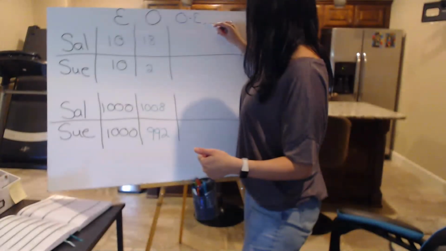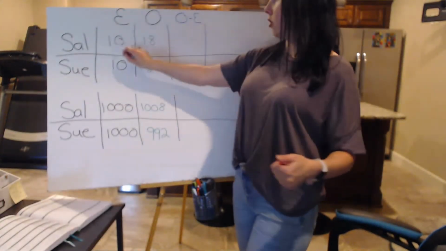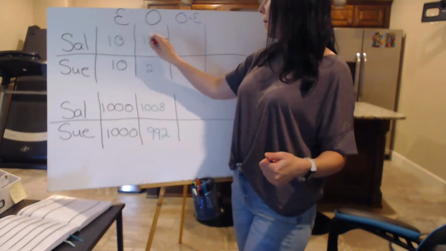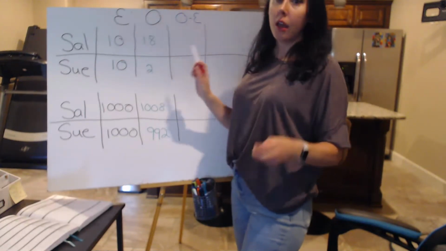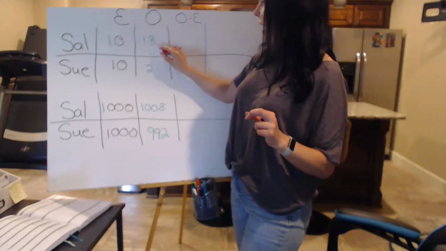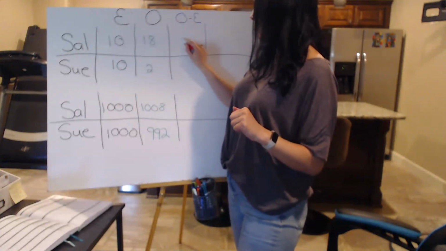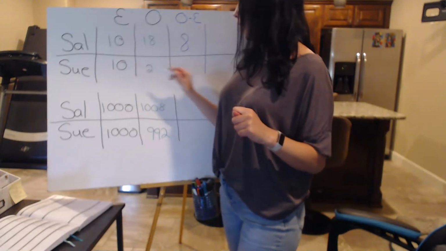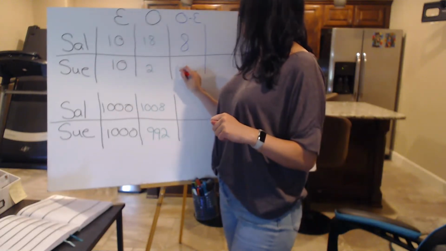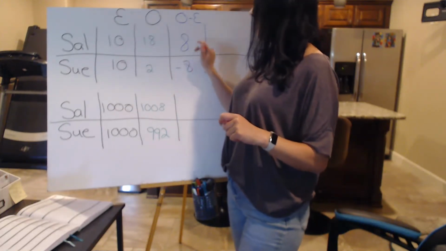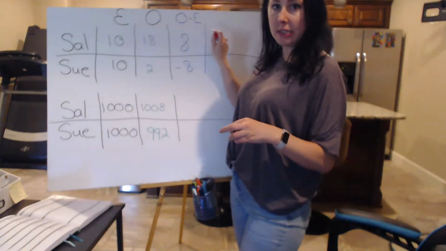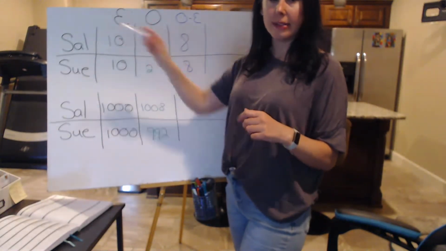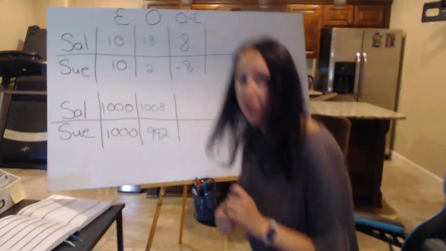Okay. O minus E. So we're going to do 18 minus 10, which is 8. And we're going to do 2 minus 10, which is negative 8. Observed minus expectation, O minus E, or observed minus expected.